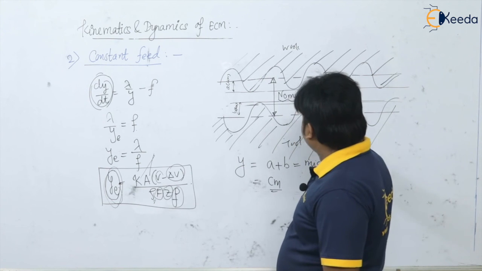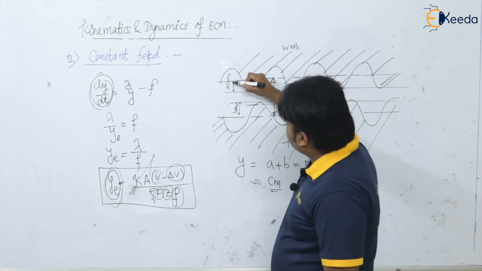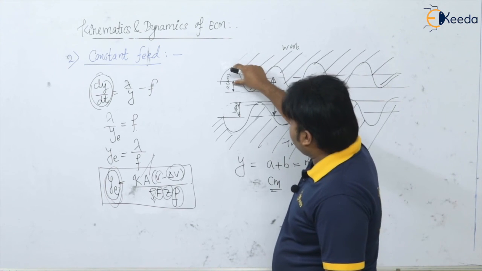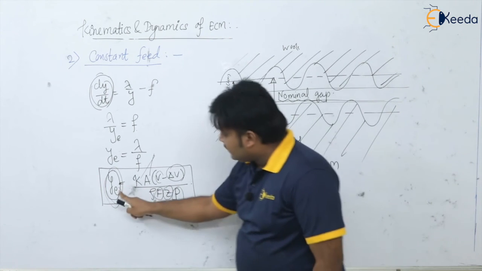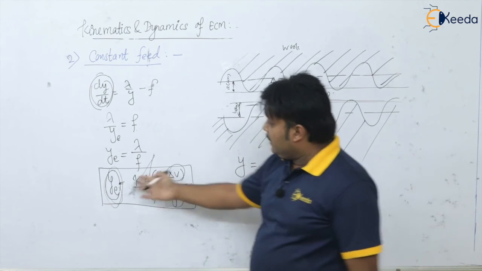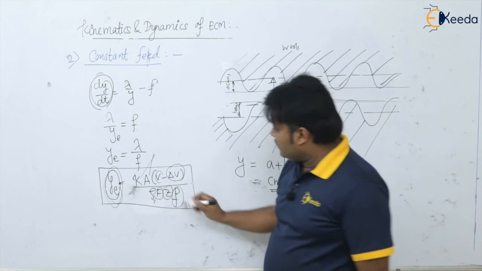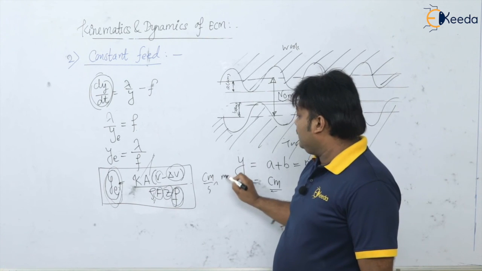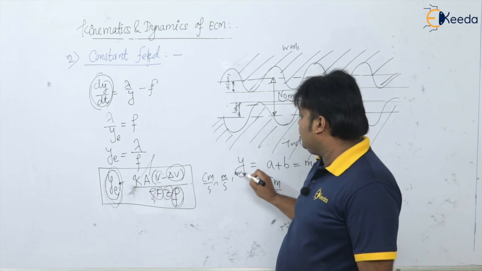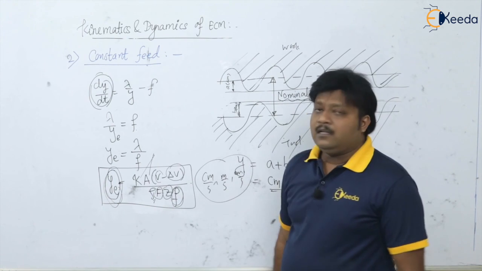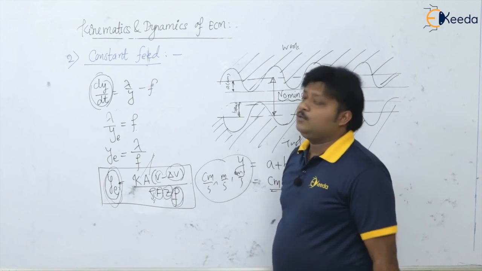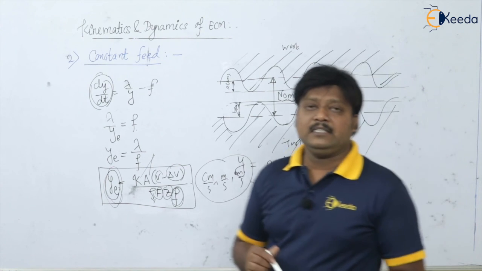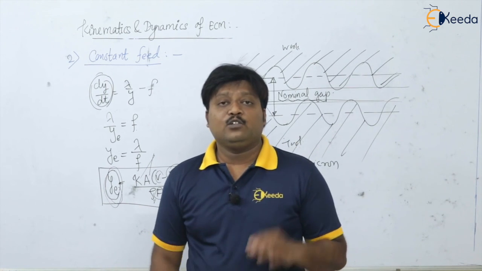So simply for the nominal gap we have to add these distances, A plus B, and put it here to find out, if this is known, then what they can ask is the feed rate in centimeter per second or meter per second or millimeter per second, in any unit you can change. So this is about the kinematics and the dynamics of electrochemical machining.